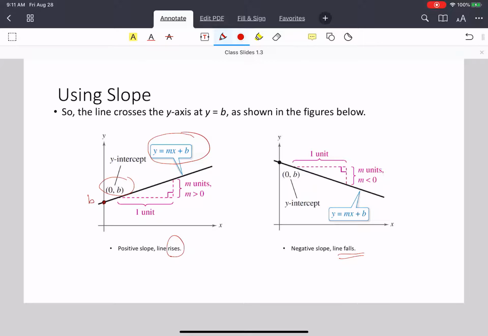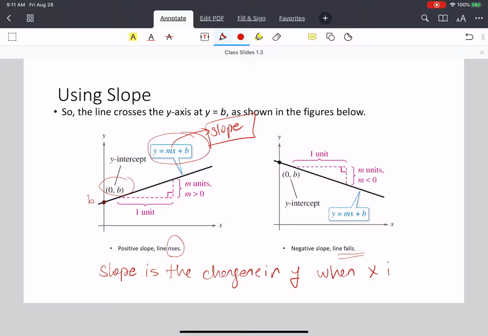So what we mean is the following. We always treat m to be the slope. So what slope represents is the change in y when x increases by 1.